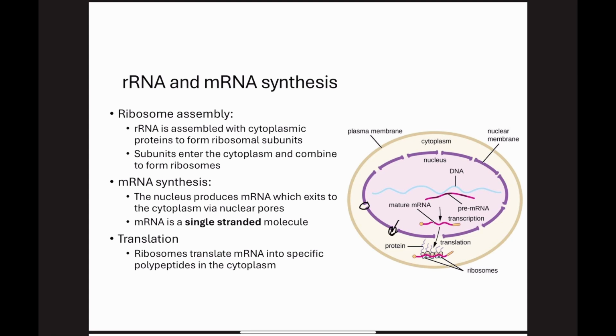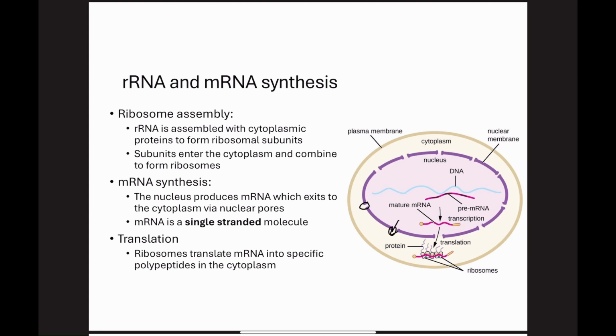So mRNA is also synthesized inside of the nucleus, and it's going to carry genetic instructions that are necessary for protein production. Our mRNA is also going to exit through nuclear pores into the cytoplasm, and when we're in the cytoplasm, ribosomes that are already completely assembled are going to bind to mRNA, which is when translation is going to begin.